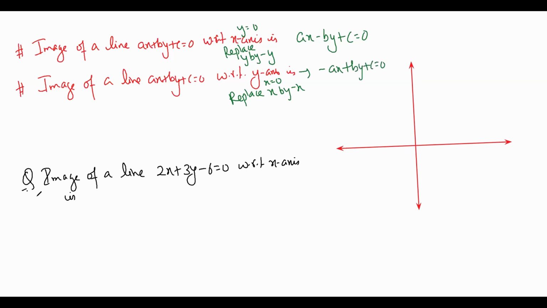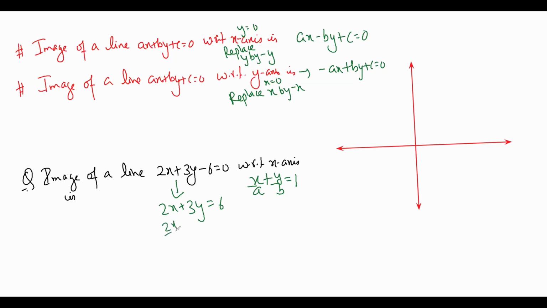Now check this on the diagram. This is a line and you have to find the image of this line with respect to the x-axis. First of all, draw this line, and how we draw this, we just convert it into intercept form, and intercept form is x by a plus y by b equal to 1. How do we obtain that? Just take this constant to the right hand side and make the constant on the right hand side 1.